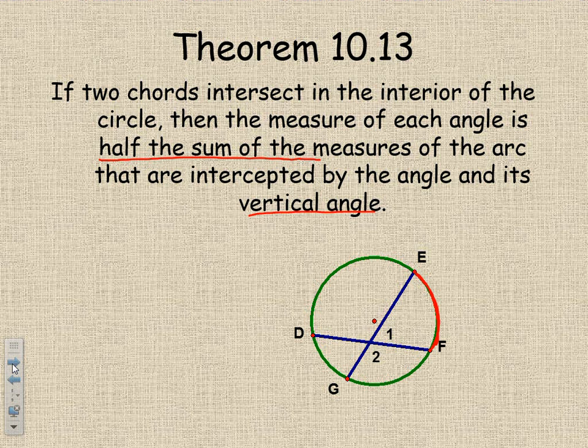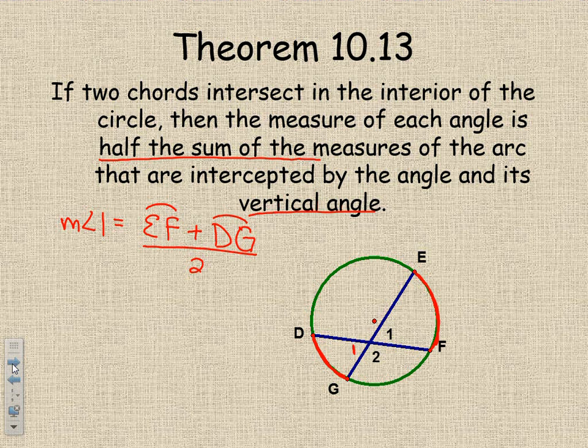So then angle 1, its vertical angle would be here that I labeled 1. So then its arc is going to be DG. Okay, so if we want to write this out, we're going to say the measure of angle 1 is equal to arc EF plus arc DG divided by 2. Okay, that's all we're going to do.